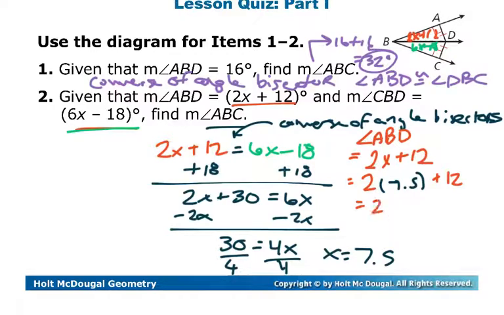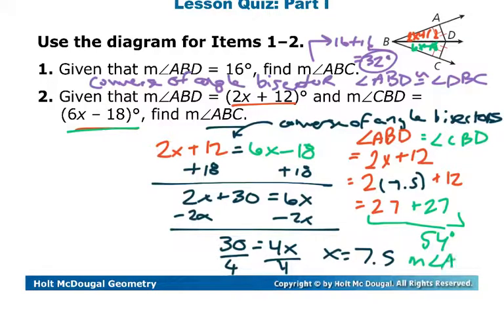And so if ABD is 27, then it turns out that the other one, which was CBD, is the same. And so if we add 27 and 27, we'll get 54 degrees, which is the measure of the entire angle ABC.